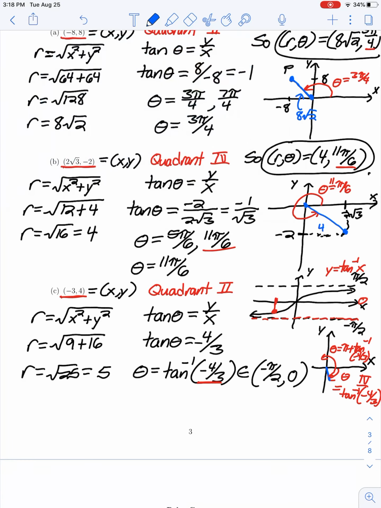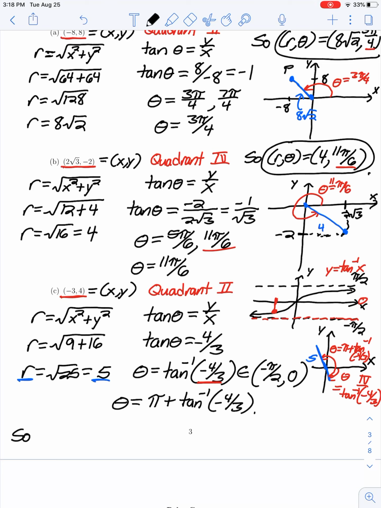And then I would move the same positive distance outward along that line segment by a value of r equals 5 to lie in the correct quadrant. So here, the value of theta that I need to make sure I lie in the correct quadrant would be pi plus arctangent of negative 4/3.